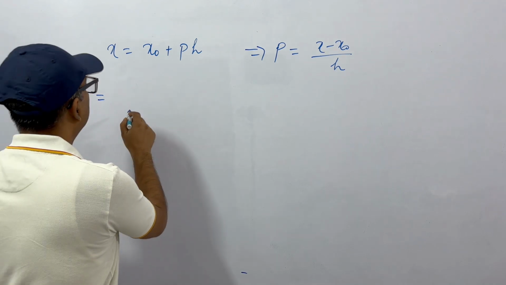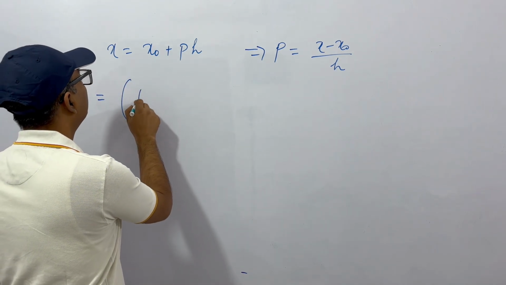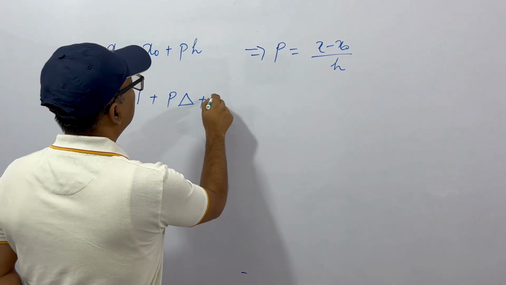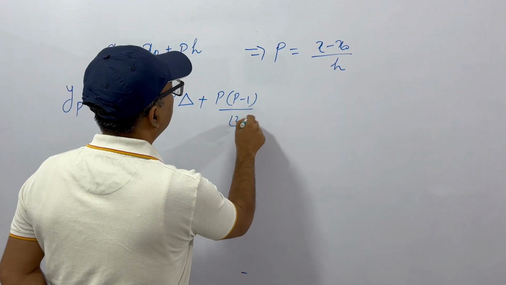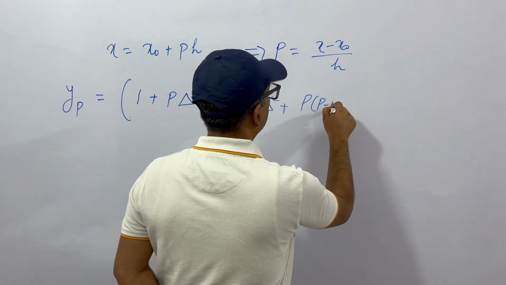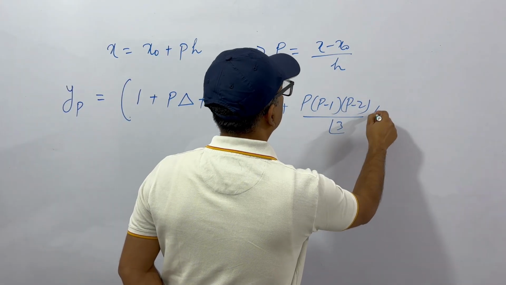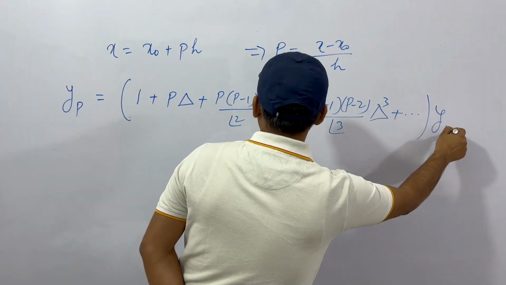This can be given as, we expand the 1 plus delta term: 1 plus p delta plus p into (p minus 1) by factorial 2 delta square plus p into (p minus 1) into (p minus 2) by factorial 3 delta cube and so on, into y0.